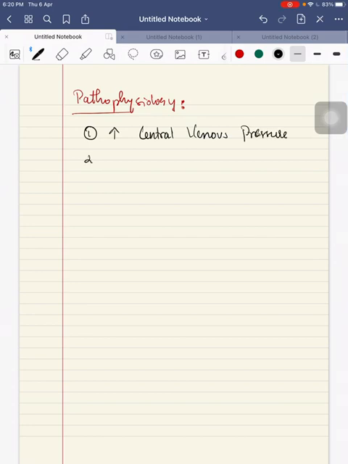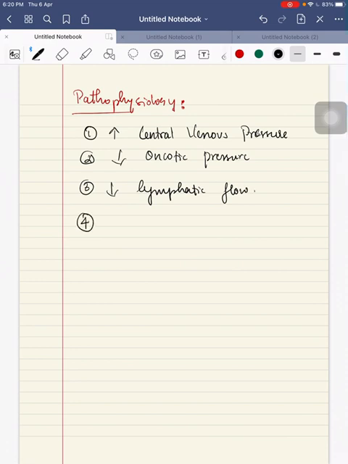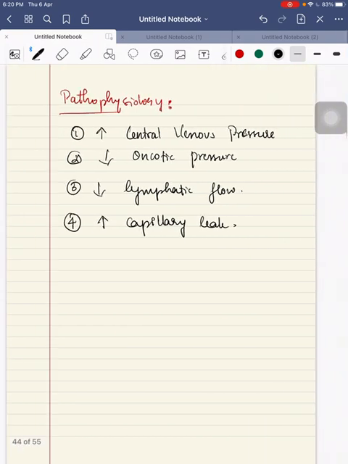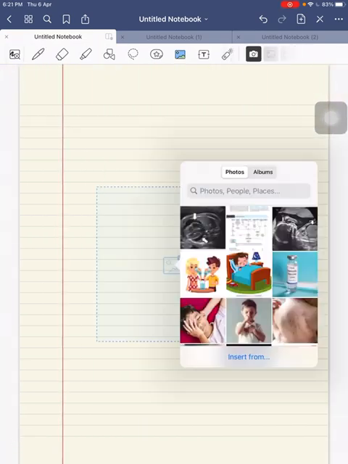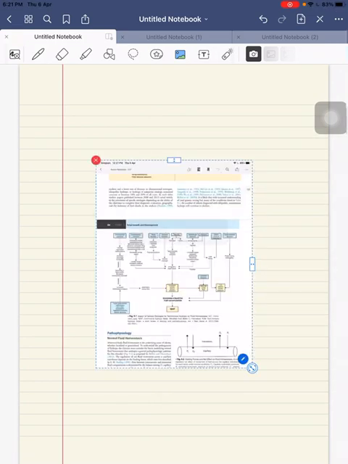Second, it can be due to decreased oncotic pressure. Third, it is decreased lymphatic flow. Fourth, all of this can lead to increased capillary leak.